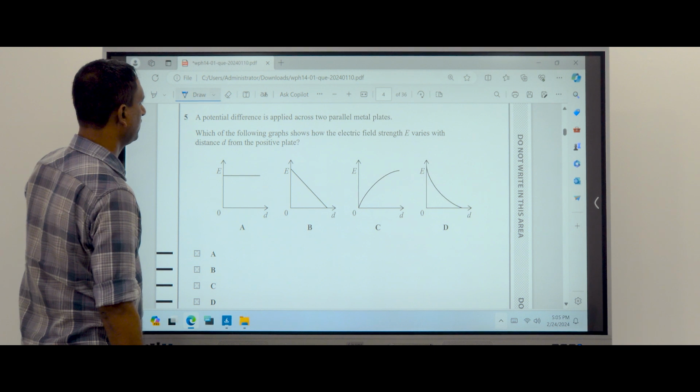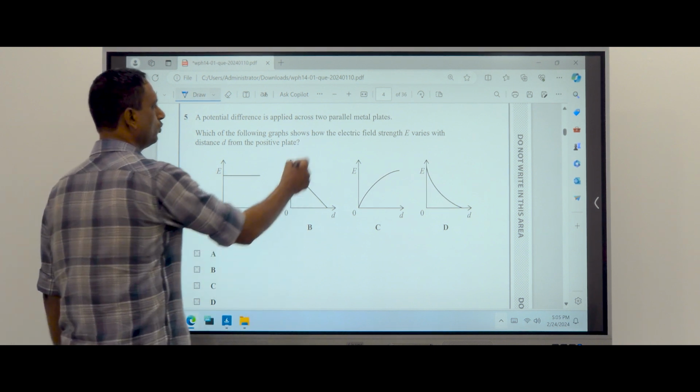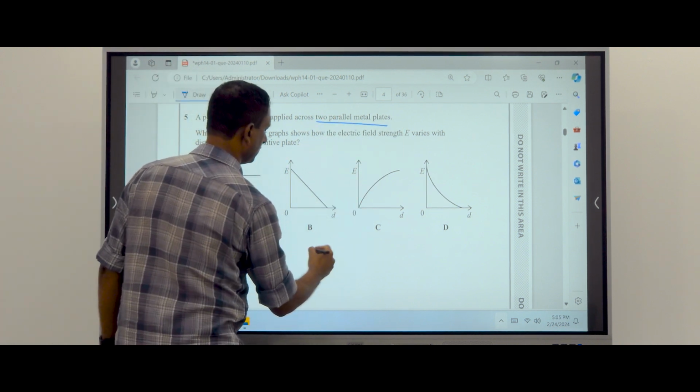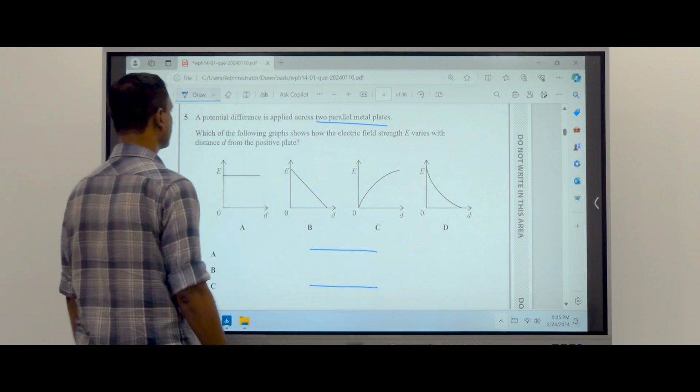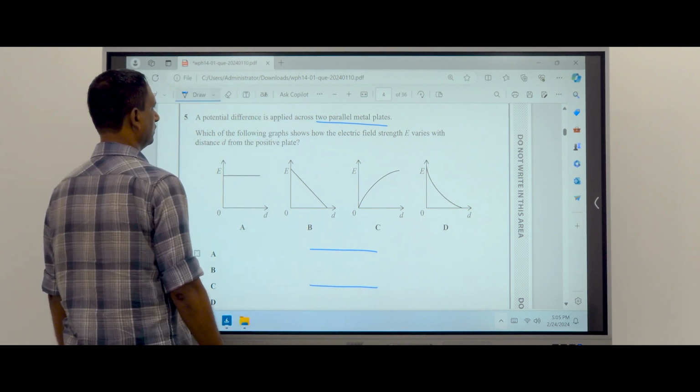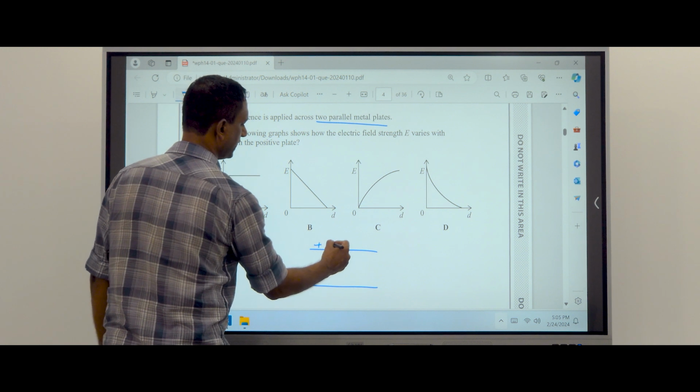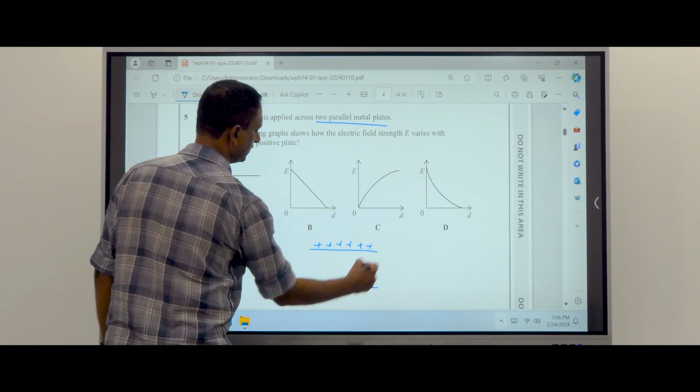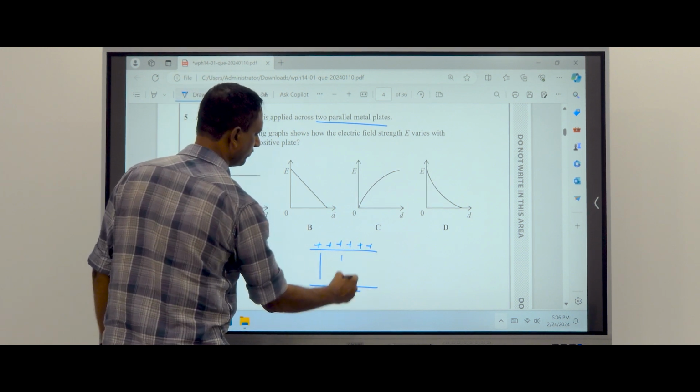Potential difference is applied across two parallel metal plates. This side is positive, the other side is negative. Then you get a uniform field.